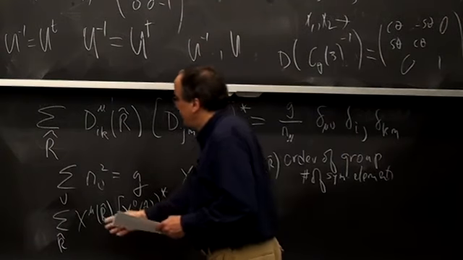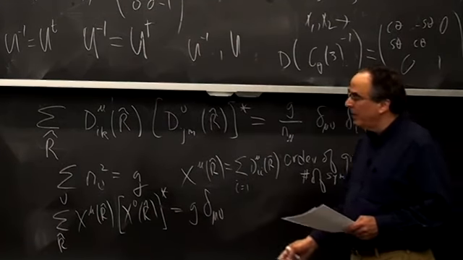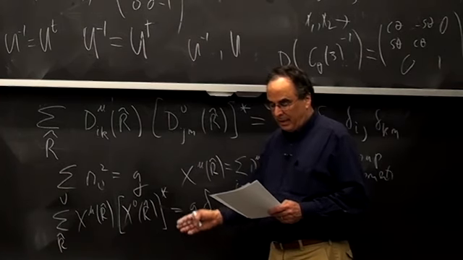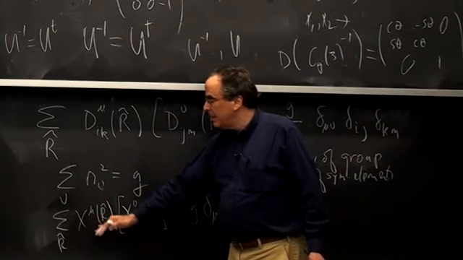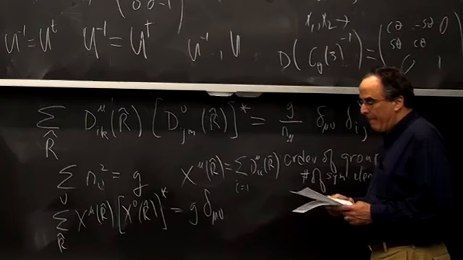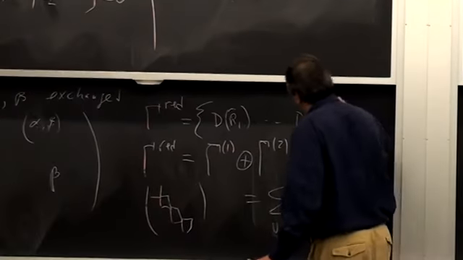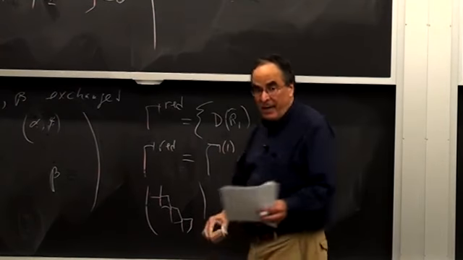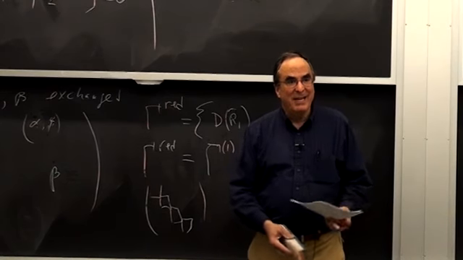And so this is the thing one uses, and it provides a basis for calculating the decomposition of a reducible representation into its irreducible representations. So I'm just stating these results because you could spend weeks deriving them, but the neat thing is applying them.